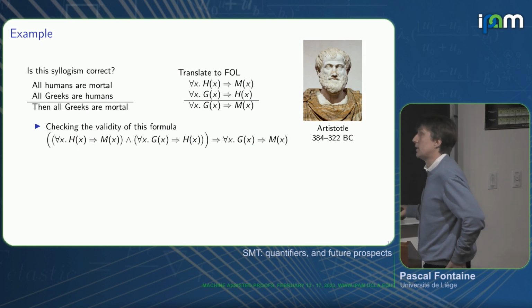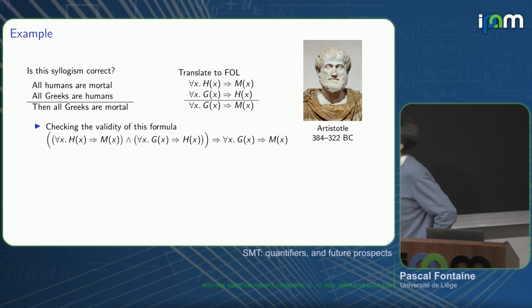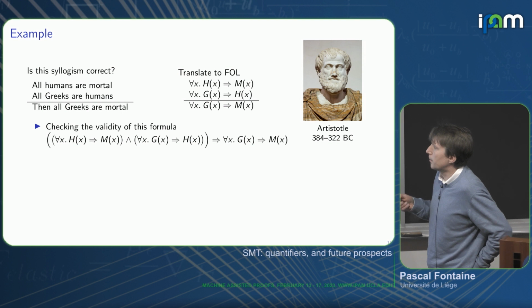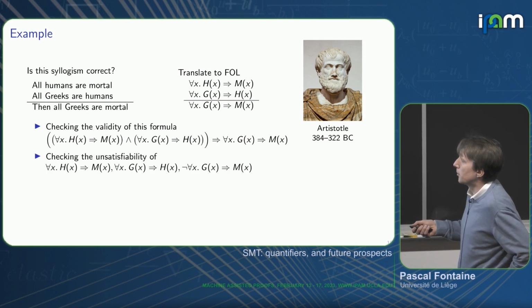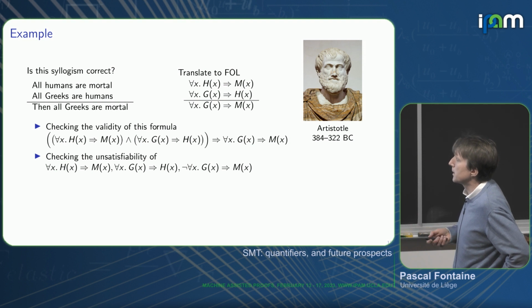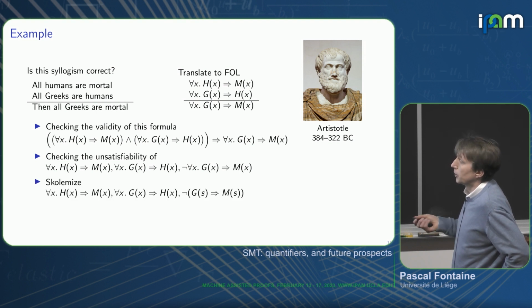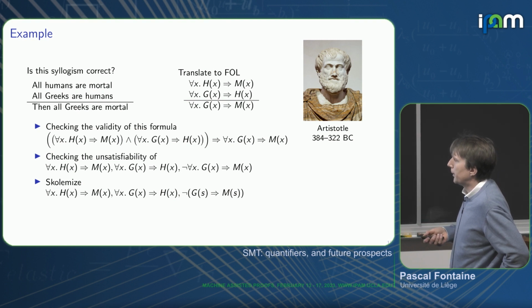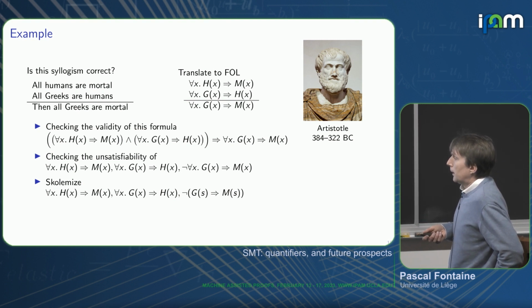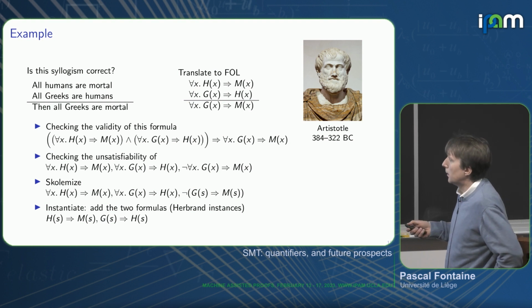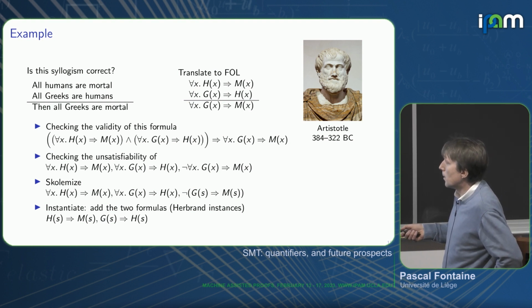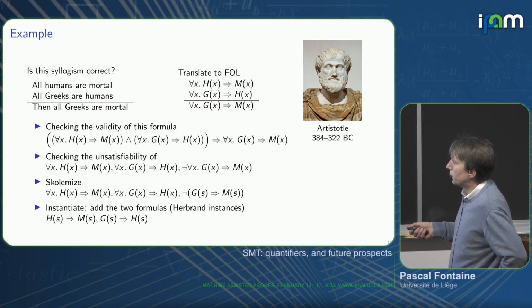Since SMT solvers are doing satisfiability, we have to transform this into a satisfiability problem. That means we have to check the satisfiability of this set of formulas, with Skolemize, which makes this quantifier disappear. Now we simply use the Herbrand theorem, which tells us that we only have one term here.